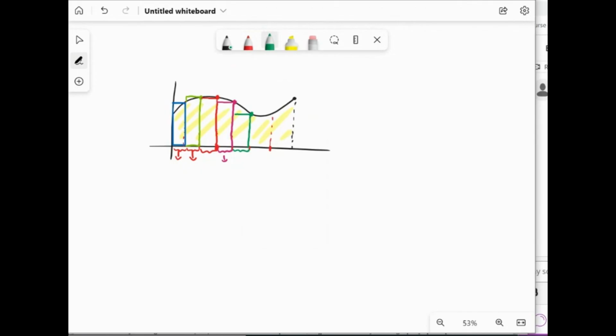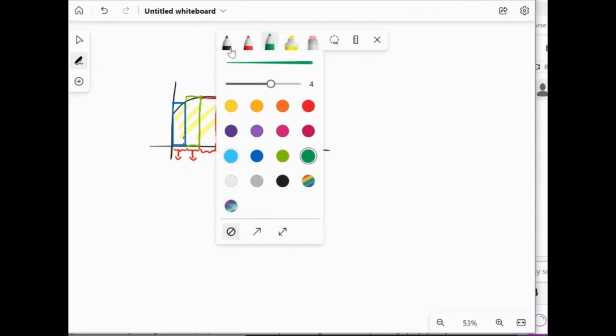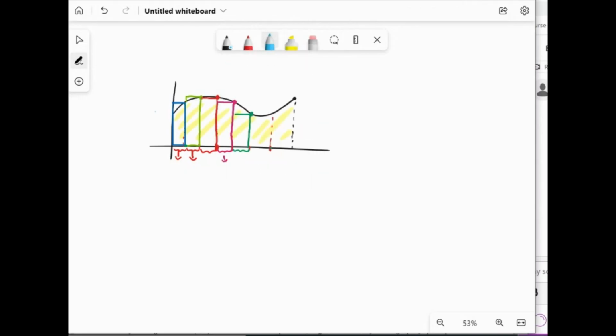We said, okay, let's always stick to the right end point of each sub-interval and create a rectangle with a fixed height. The height normally is changing, but we are just fixing it at one value. Let's do one last one with orange. So this will be the last rectangle.